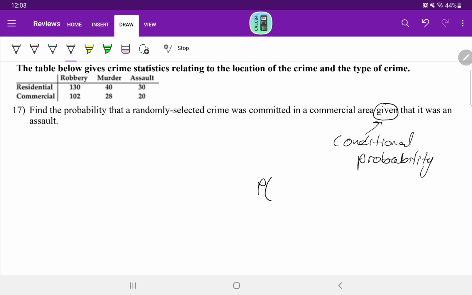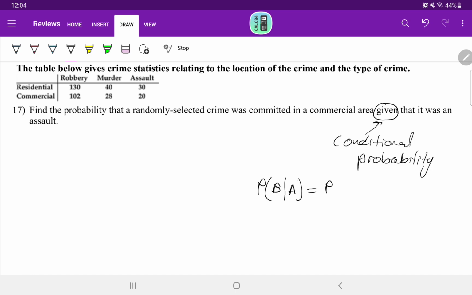So the probability that second event B, given that first event A already took place, is equal to two different types of formulas, two different types of variations. And I'm going to use them interchangeably depending on the type of question that I'm solving.